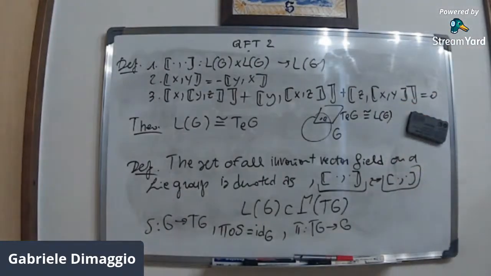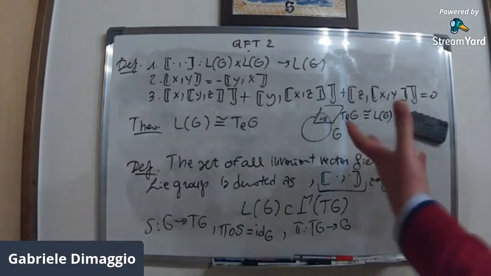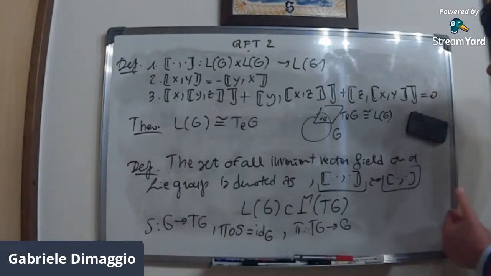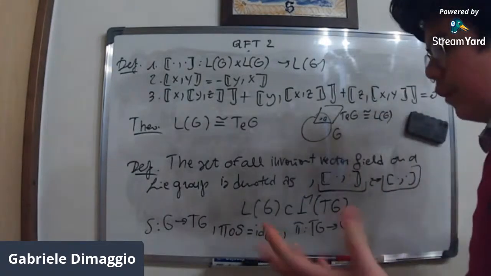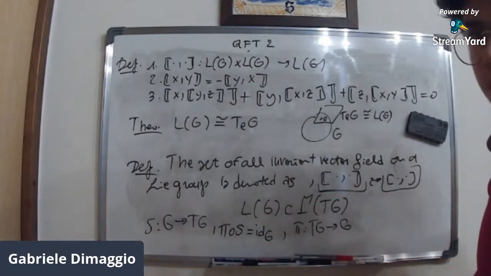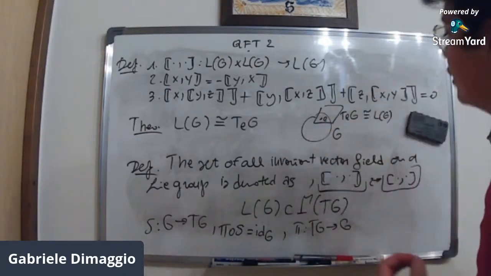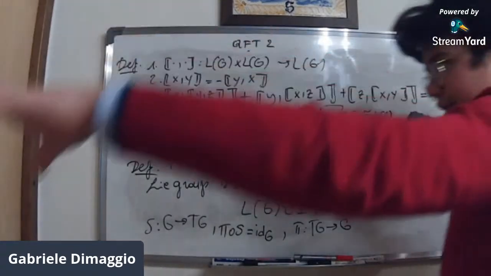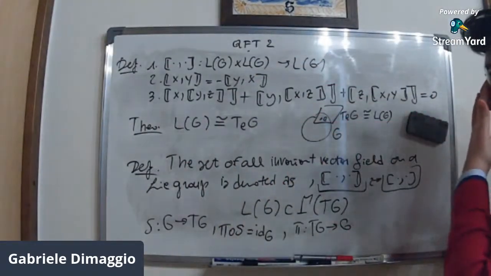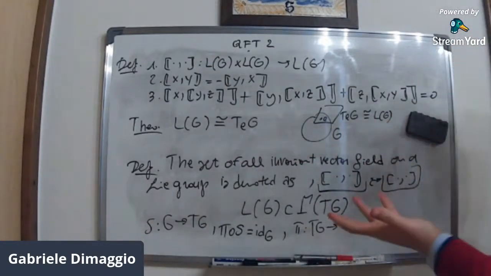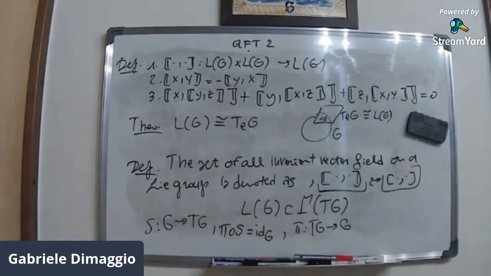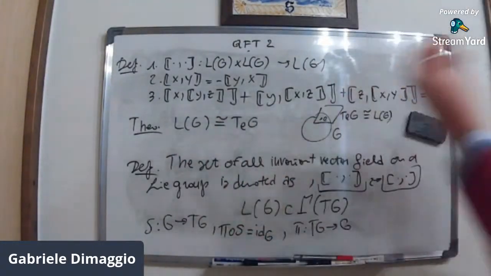In many exercises, to find the generators of the Lie algebra, and we are going to see what a generator of a Lie algebra is, I must find a basis for the tangent space at the identity of the group. Perfect. So this is an important result, an important theorem.